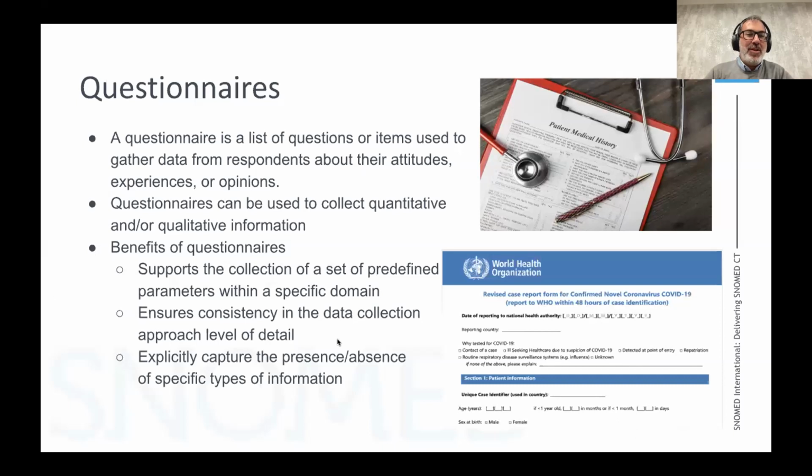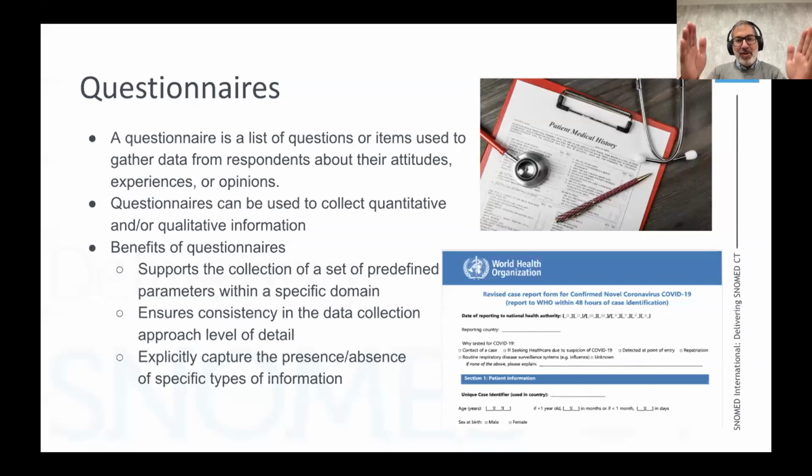Usually a questionnaire is a list of questions or items that are used to gather data from respondents about their attitudes, experiences, or opinions. They can be used to collect quantitative or qualitative information. Questionnaires are used a lot in healthcare because they're really useful for many things. They support collection of predefined parameters in a specific domain.